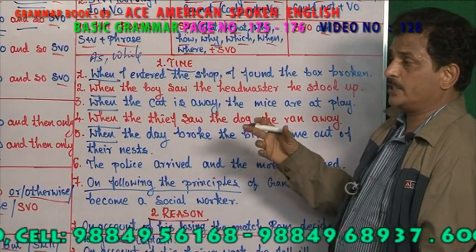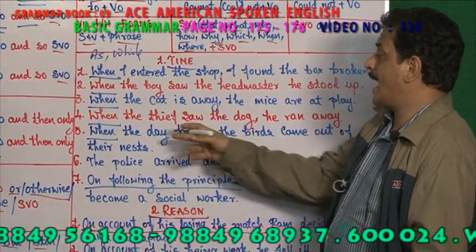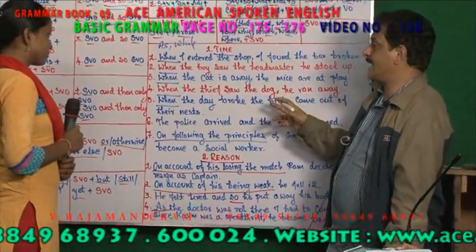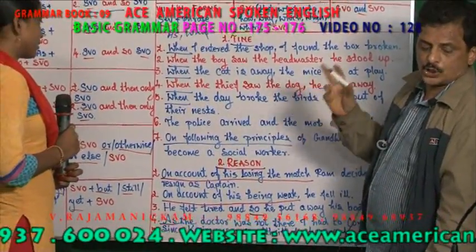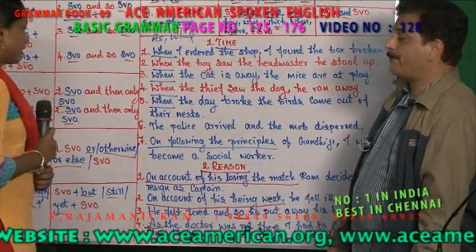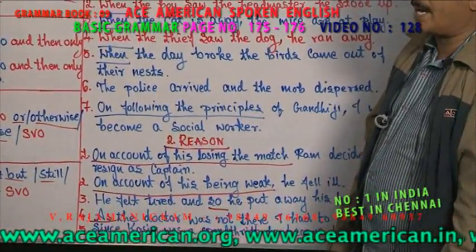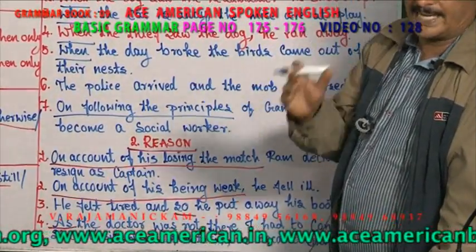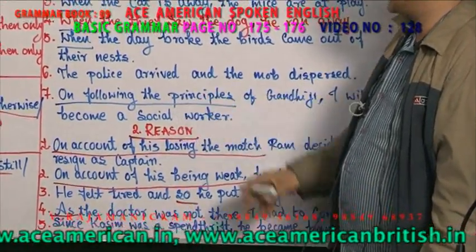Broke means the dawn, early morning. So at a time when the sun started shining, the birds came out of their nests. So two things are happening simultaneously. Next, sixth: the police arrived and the mob dispersed. Police came, mob went. Simultaneously both are happening. And next.